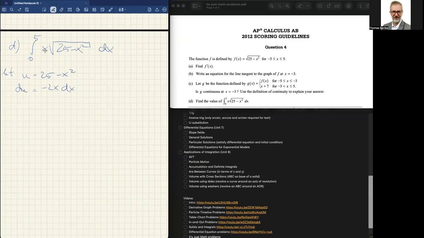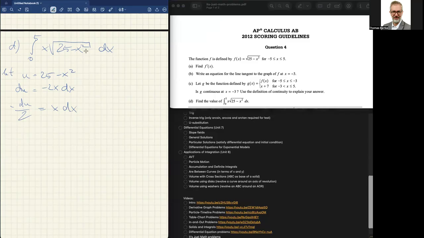Now, we have to replace in this original function here, we're going to end up replacing x dx. So this is by a factor of -2 too much. So we have to divide both sides by -2. And that gives us negative du over 2 is equal to x dx, right? So x dx is what we're going to replace here.